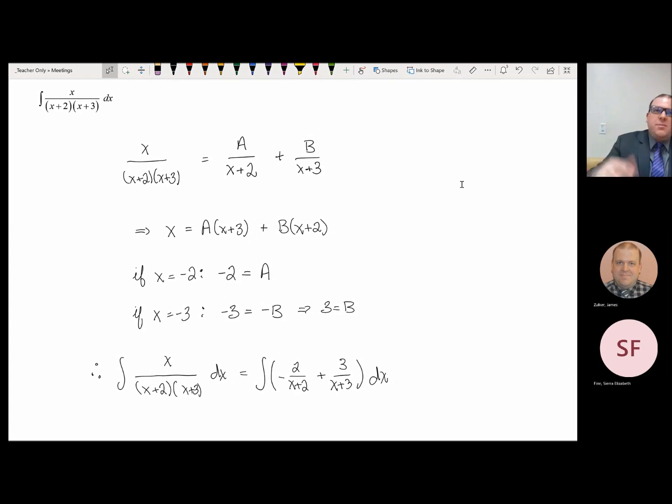Right, and the idea comes from the common denominator. So one denominator would be x plus 2, one would be x plus 3. To keep both fractions proper, the degree of the numerator has to be no more than one less than the denominator, right? So that's why it's just A and B. When we get to quadratics, we'll see that the numerator becomes linear.